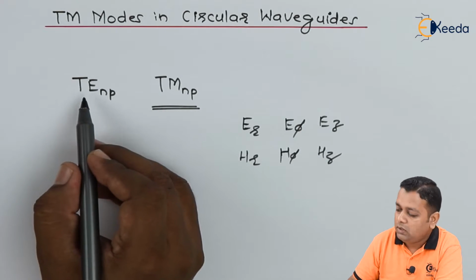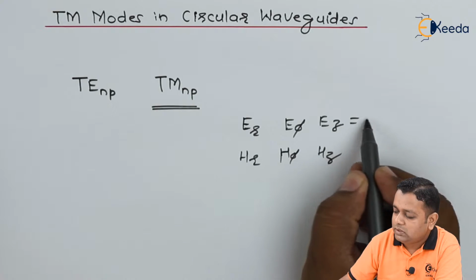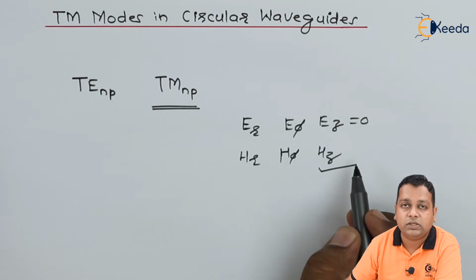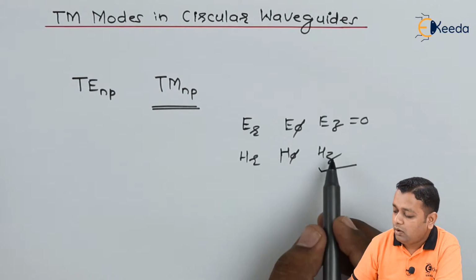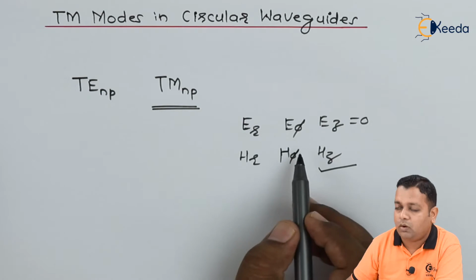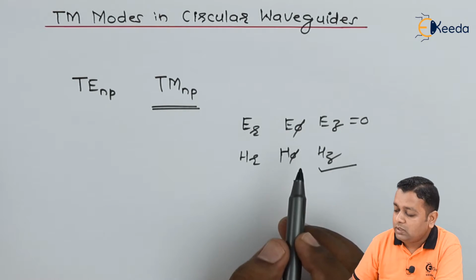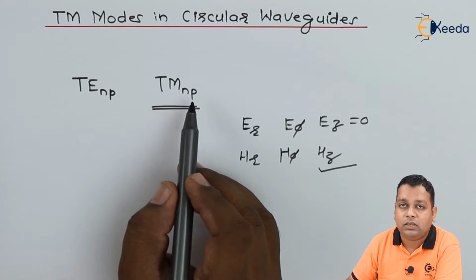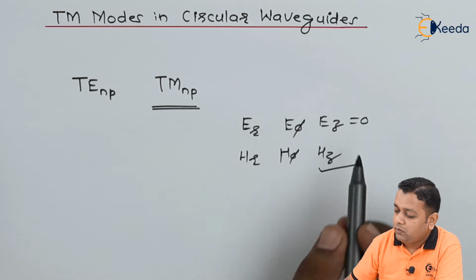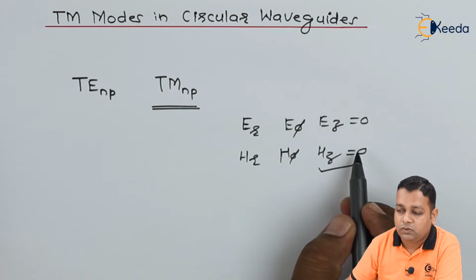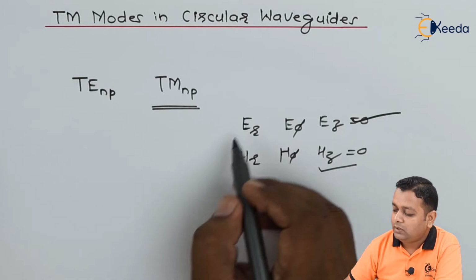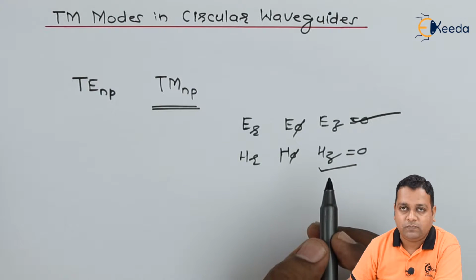For TE we had initially Ez equal to 0 and we used the Helmholtz equation of Hz to derive the rest of the field components. Now the case is reverse as we are dealing with TM suffix np. For transverse magnetic we keep Hz equal to 0, and Ez will exist along with the other field components.